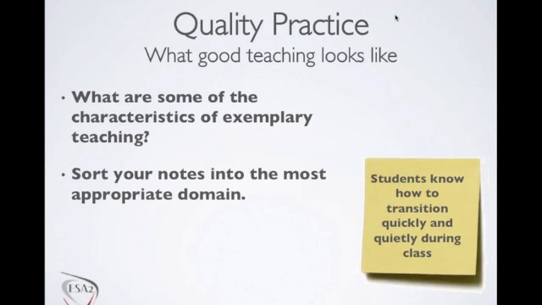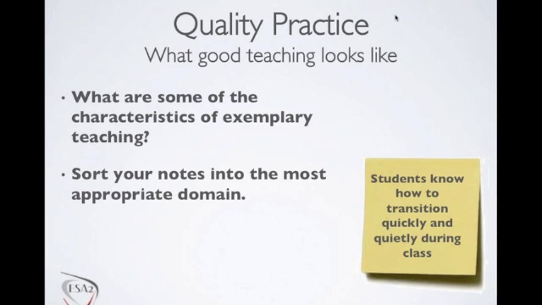So now that we have taken a look at the 4 domains, I would like you to take a minute and look back at that list of 3 or 4 things that you wrote down that you might see or hear in a classroom that was really working. I want you to think about those things, and tell me, where might you put those little bits of evidence?